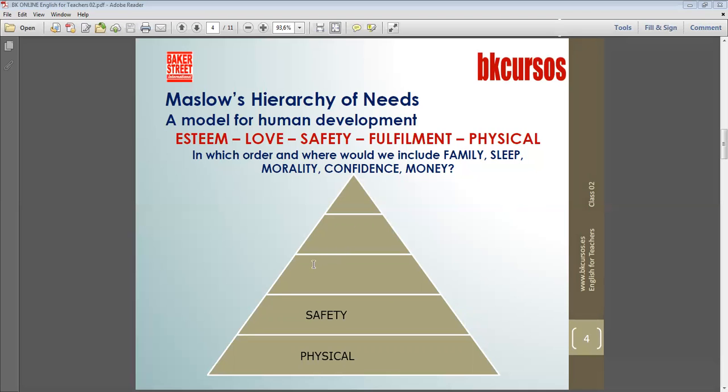Good. Okay, so after safety, physical safety, what comes next? Love. Yeah, okay, good. So what kind of things? Imagine you've got your apples or your melons and you've got somewhere to keep them.